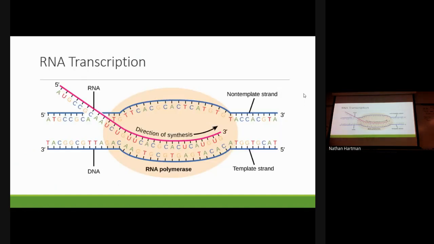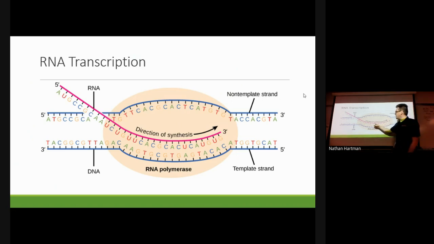Good. All right. So when we're going to make RNA, this whole process of transcription that our packet covered earlier, here's a quick rundown of that stuff. It's done by this enzyme here, RNA polymerase. Just like how DNA polymerase built the DNA polymer, RNA polymerase is building our RNA polymer. And it does so by reading one strand of DNA in order to make a copy of the other strand, right?